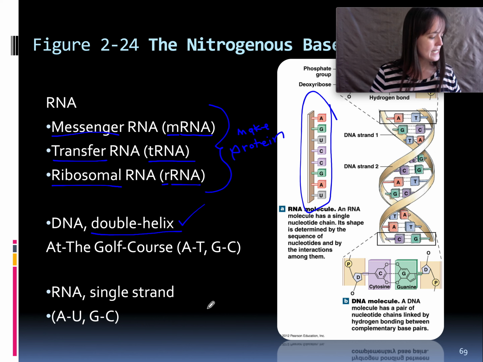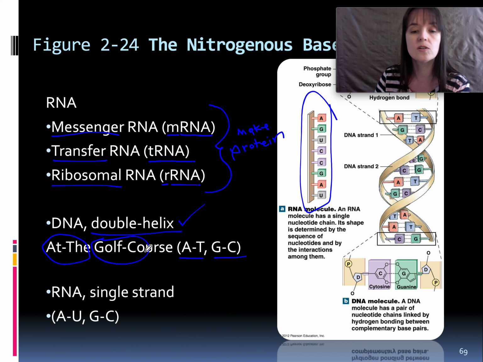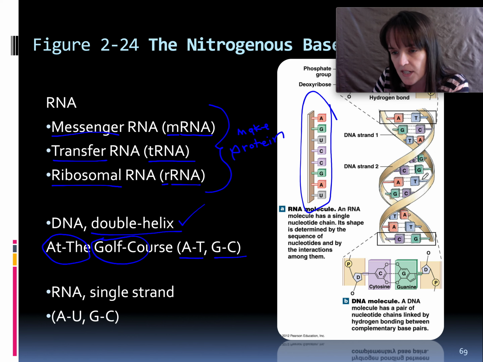In DNA, adenine binds only with thymine, and guanine binds only to cytosine. So this is our mnemonic from the Wood note set at the golf course. Remember that A and T go together, and G and C go together at the golf course. As you see here, adenine and thymine have 2 hydrogen bonds that hold them together.